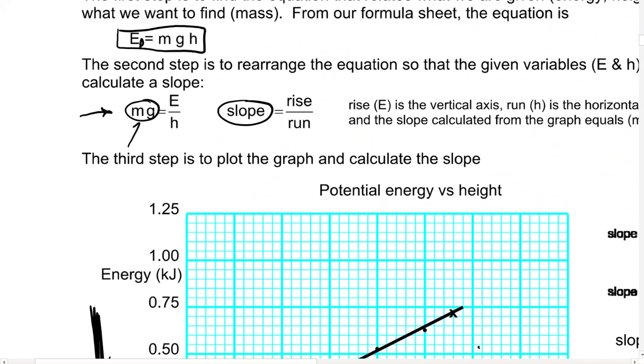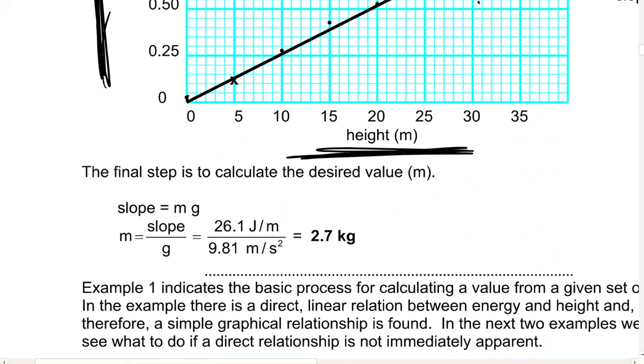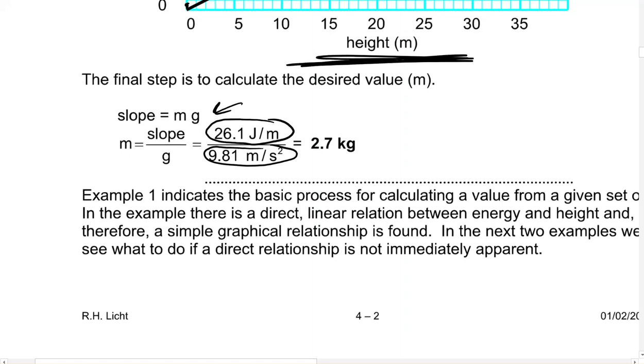So slope is equal to mgh. If I figured out my slope was 26.1 joules per meter just from the graph, then m would be that over 9.81, just rearranging this equation for m. This is a pretty direct example, but let's move on.